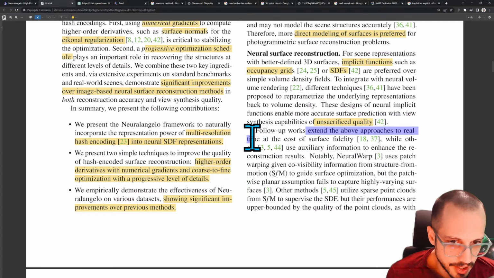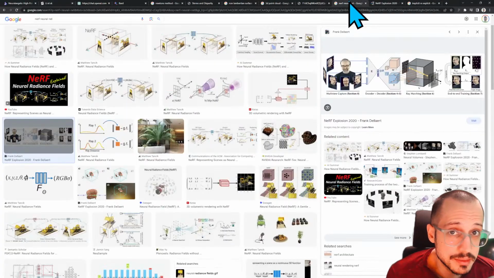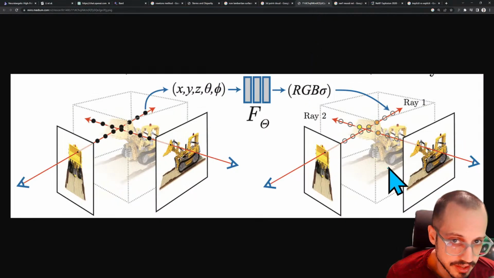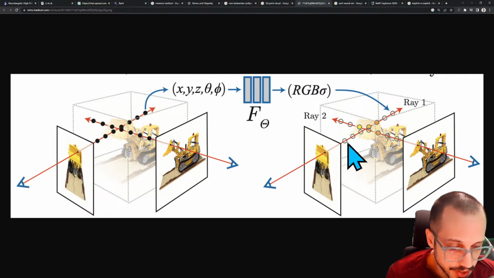So another huge problem with NeRFs is that they're very slow, and the reason is that you basically need to calculate every single one of these points. Every single one of these points is an inference, right? So just think about that. For 1 pixel of this image of the Tonka truck, you need 1, 2, 3, 4, 5, 6, 7 different inference steps, right?